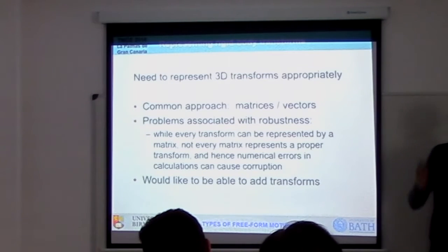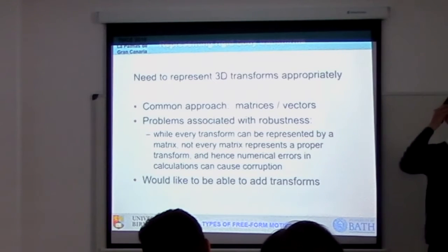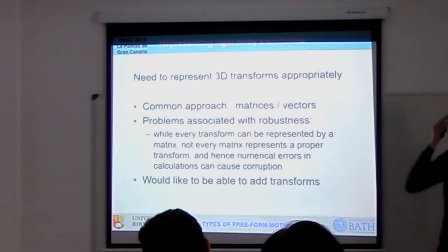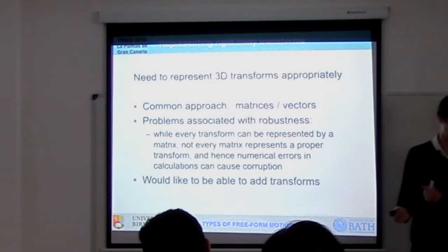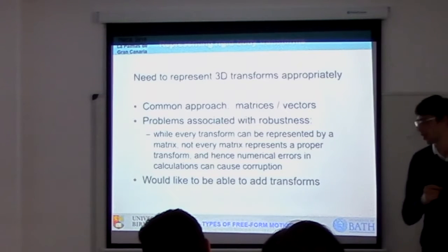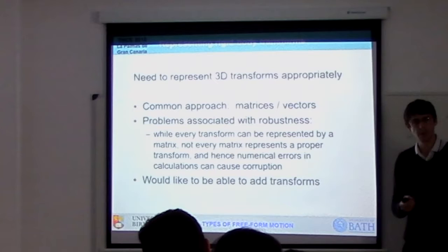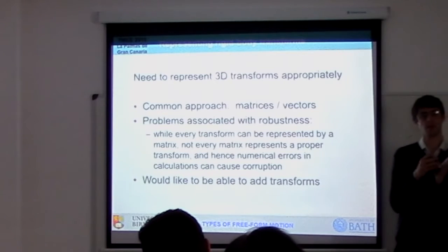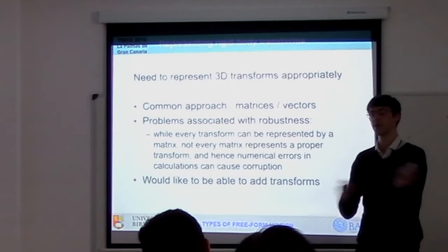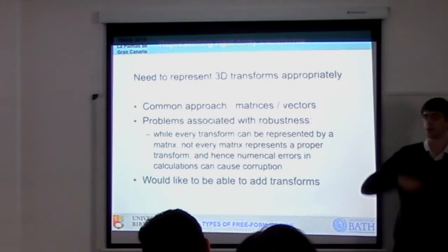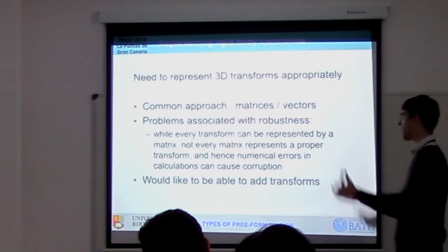But before we do that, we need to think about how we represent 3D transforms. With a transform, we need to think about a translation and a rotation, so we can't really use vectors. Perhaps the most common approach that you'll probably be familiar with is using transformation matrices, so perhaps a rotation matrix or similar.